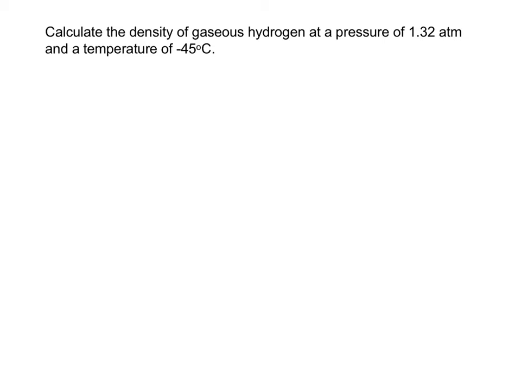All right, so let's do an example, and then I have a couple videos with some additional examples. So we want to know the density of gaseous hydrogen if the pressure is 1.32 atmospheres and the temperature is negative 45 degrees Celsius. All right, so from the last slide, density is molar mass times pressure divided by RT.